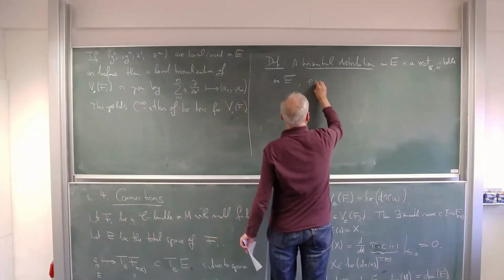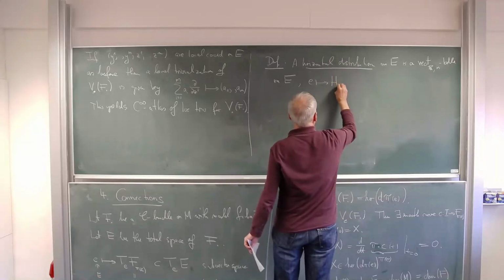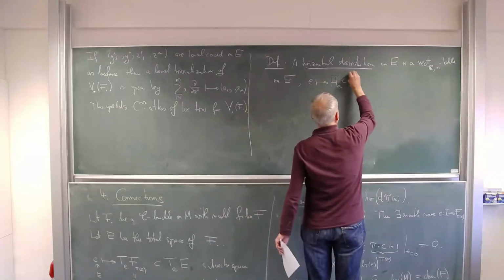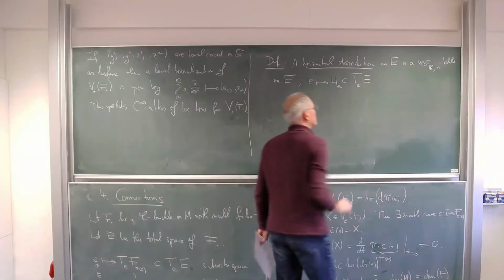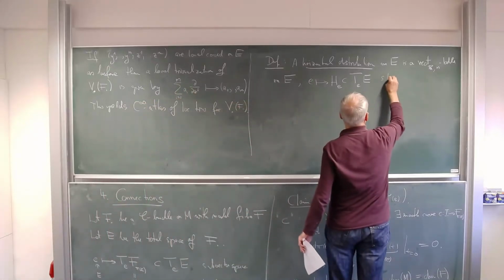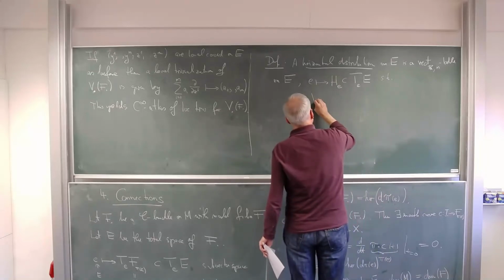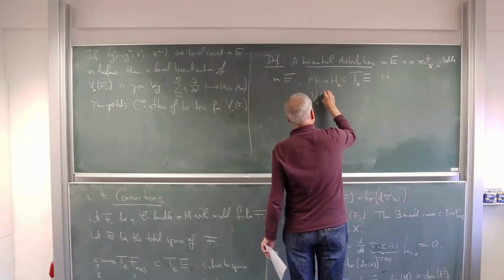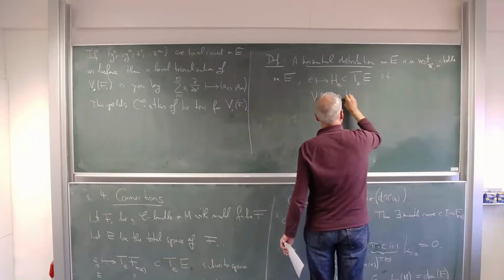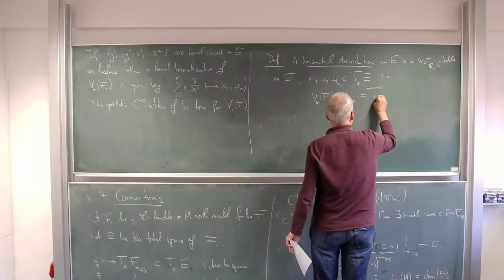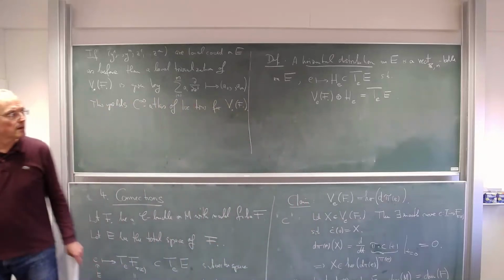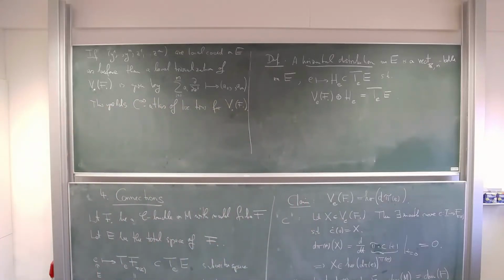So this maps some point to a certain subspace, again of the tangent space, but this time of dimension n rather than m, and in such a way that it is a complement for the vertical bundle at this point. So in the literature it's called a horizontal distribution.